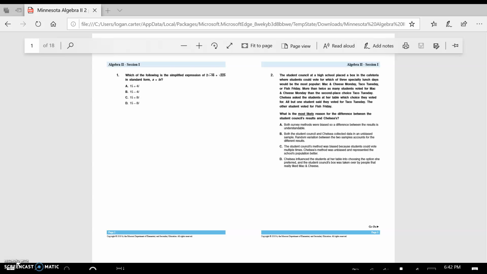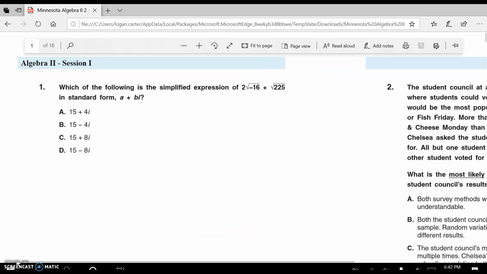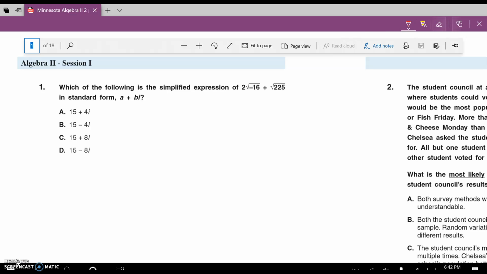So with number 1, we have 2 times the square root of negative 16. And we know that the square root of negative 16 is an imaginary number, right? And we know that that imaginary number is actually 4i. Okay, and we know that this is being multiplied by 2.